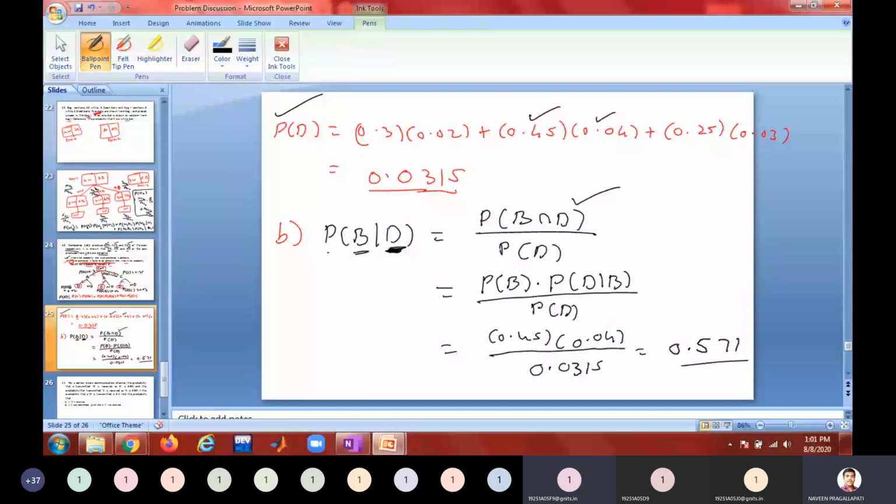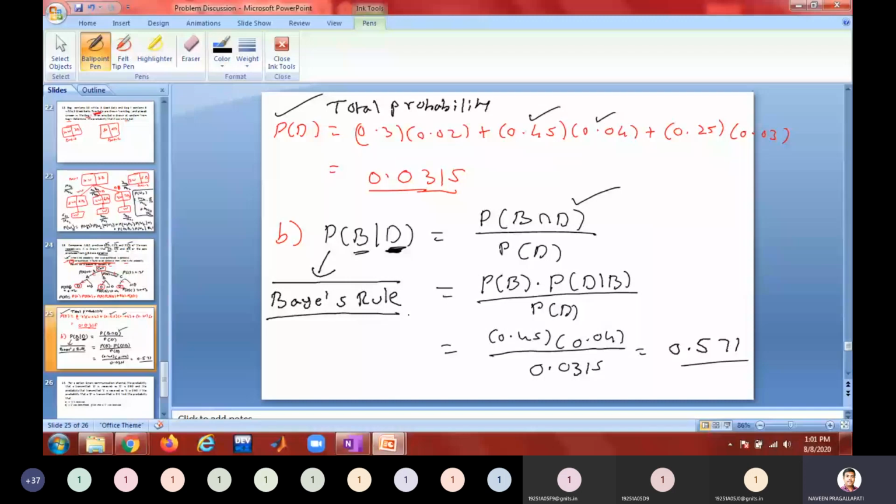Okay, whatever answer you got just now, this is called Bayes rule. First one is the total probability. Second one is called the Bayes rule or Bayes theorem. In total probability, you just find the sum of branch products.